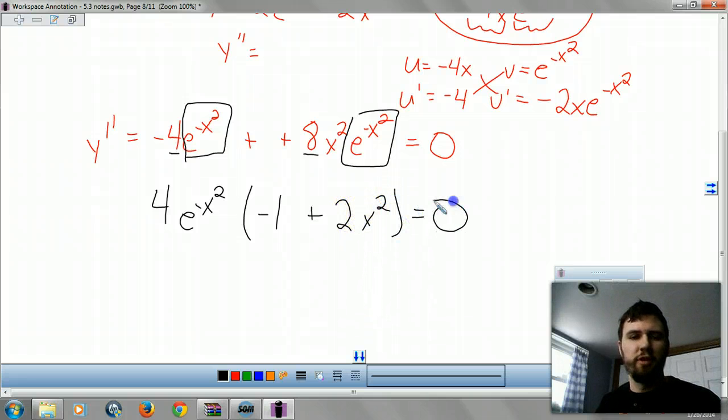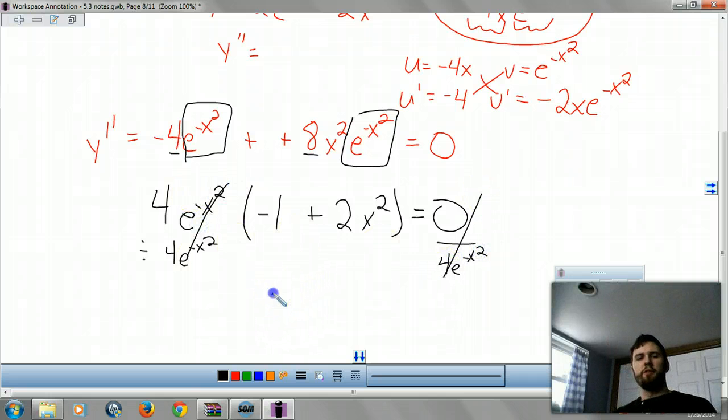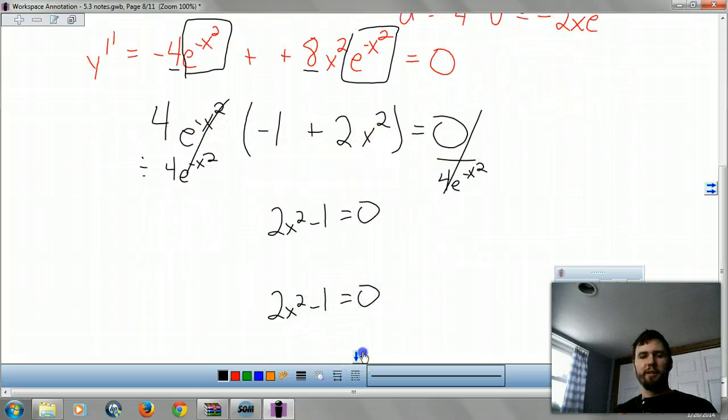We set that equal to 0. Now we divide both sides by 4e to the negative x squared. That's 0, that's 0. So we get 2x squared minus 1 equals 0.